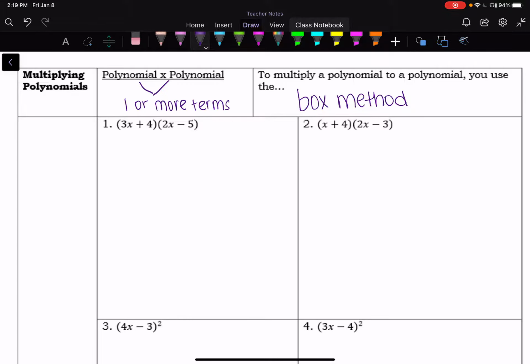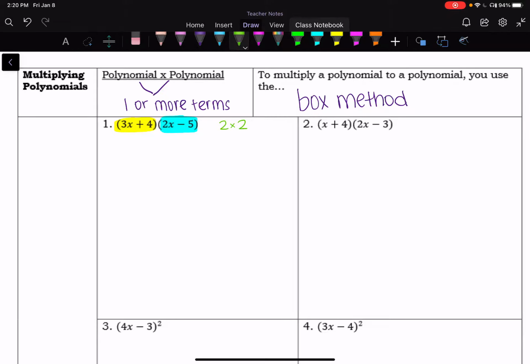When we're using the box method, we want to look to see how big each of our polynomials are. So for number 1, we have 2 sets of polynomials being multiplied together. My first group, highlighted in yellow, has 2 terms, and my second group, highlighted in blue, also has 2 terms.